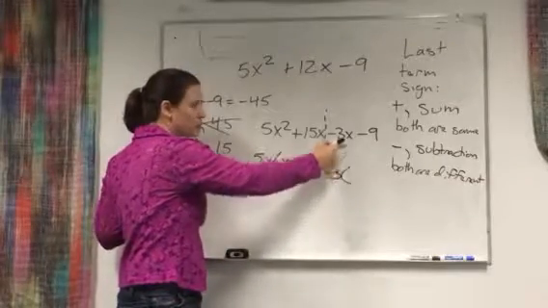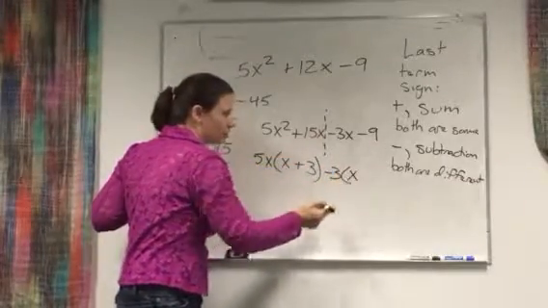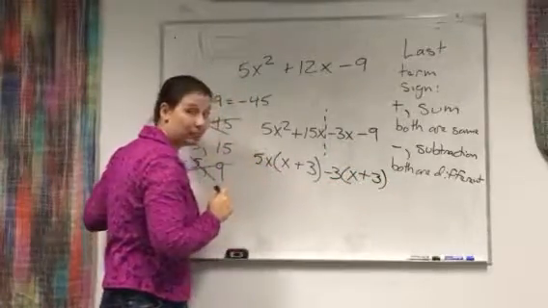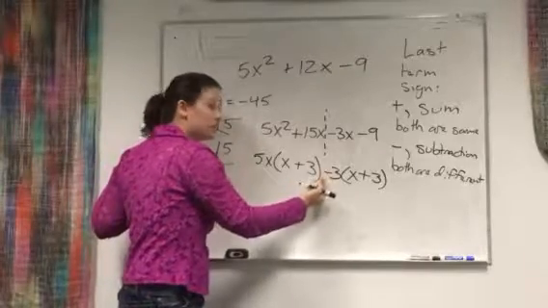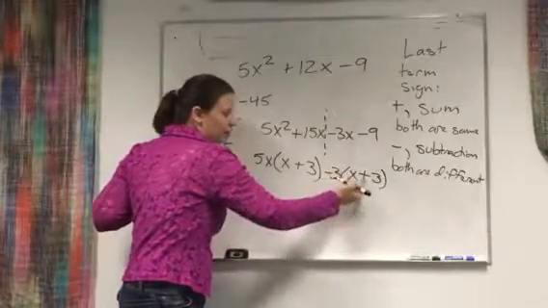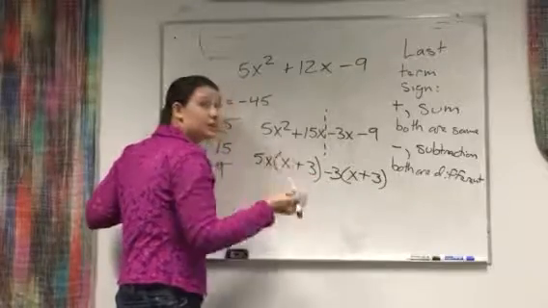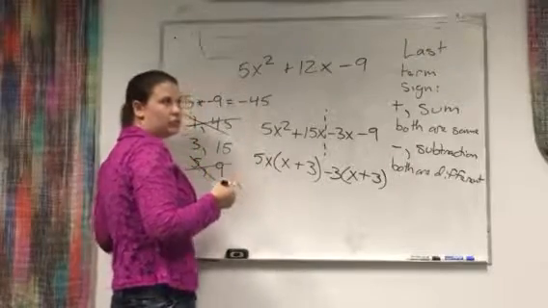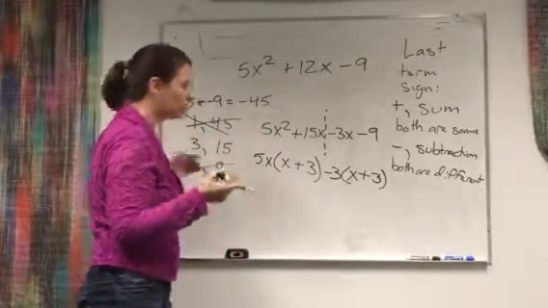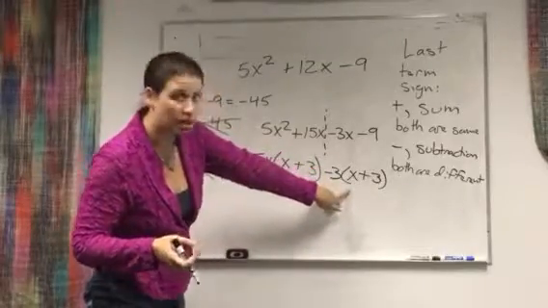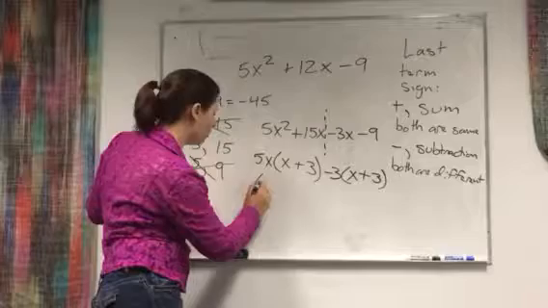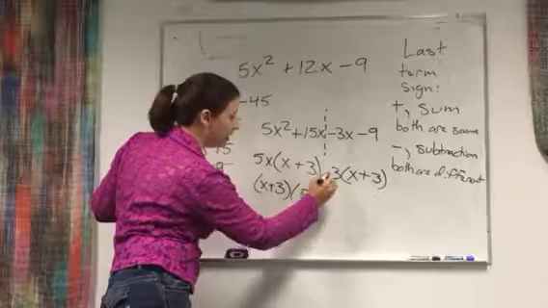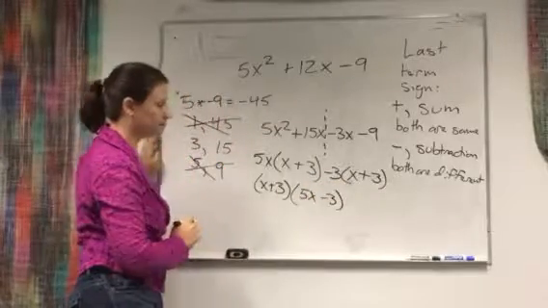So factoring out negative 3 changes this to just x and this to plus 3. Now our group is the same, okay? If you notice, you didn't factor out the negative, and then we have negative, negative, but it's almost exactly the same other than the signs, well then you can just factor that negative out, okay? It doesn't matter if you see it all at once, just that in the end, these two groups are the same. Okay, so x plus 3, and we're left with 5x and minus 3.